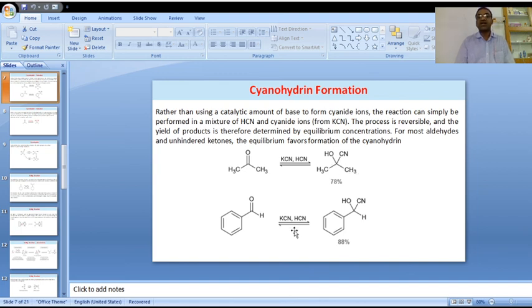Compared with aldehydes, slightly less cyanohydrin is produced in this reaction.